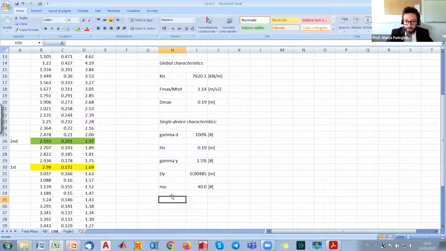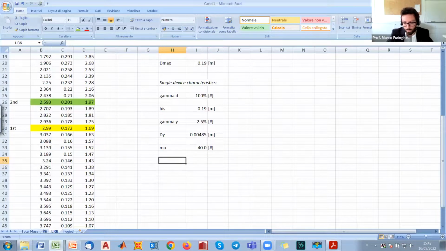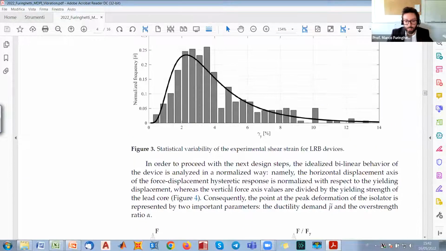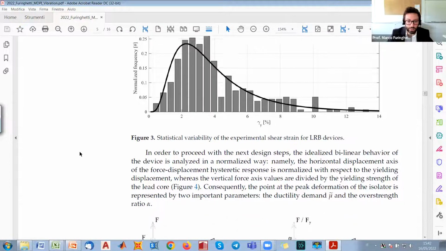Okay, and according to this ductility and according to the assumed value for damping, we can compute this distribution for the lateral yielding shear strain.